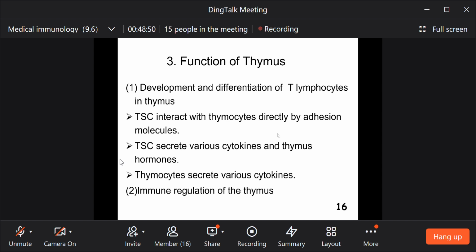The cytokine will be covered in future lessons. Here you should remember the functions of the thymus: one is development and differentiation of lymphocytes in the thymus, and the other is immune regulation of the thymus.